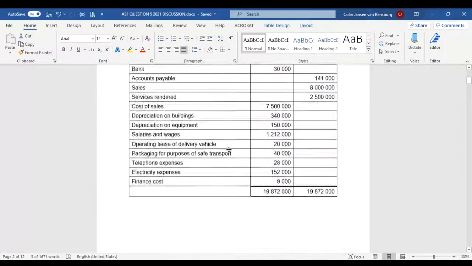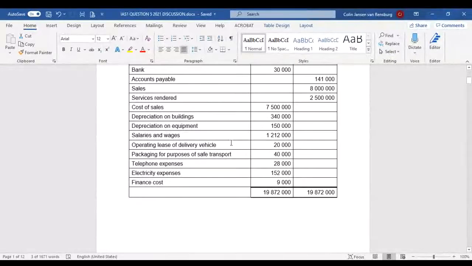Let's maybe just have a look at the expenses. Let's take them from the top. So here starts our nominal accounts, right? There we've got sales, we've got services rendered, then we've got cost of sales. Now, cost of sales, as we said last week, is a cost function on its own, right?